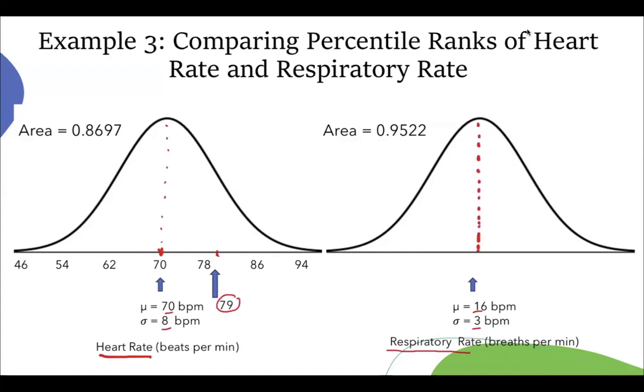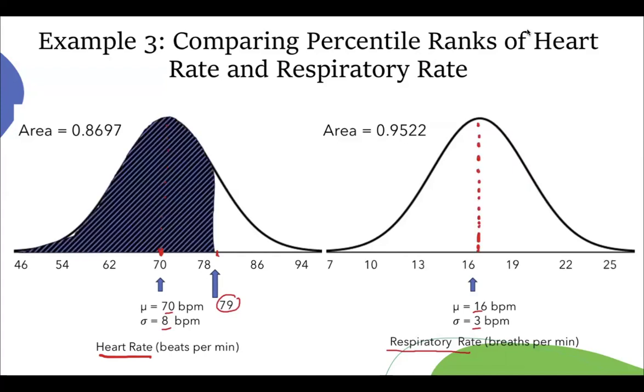The other one, for respiratory rate, our patient had a respiratory rate of 21, also more than the average of 16. So since we know that the median has a percentile rank of 50, we know that anything more than the mean, median, and mode, anything more than 16, like 21, has to have a higher percentile rank.